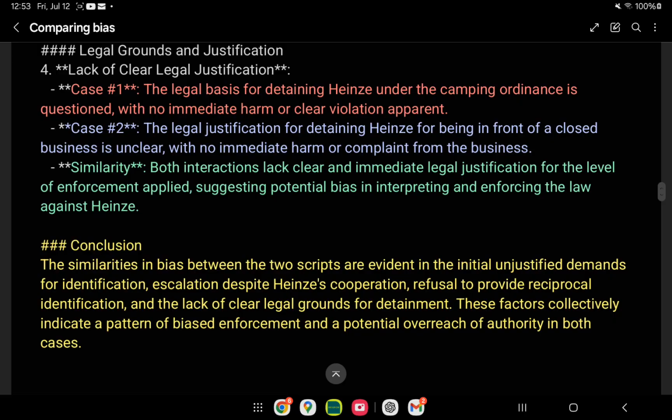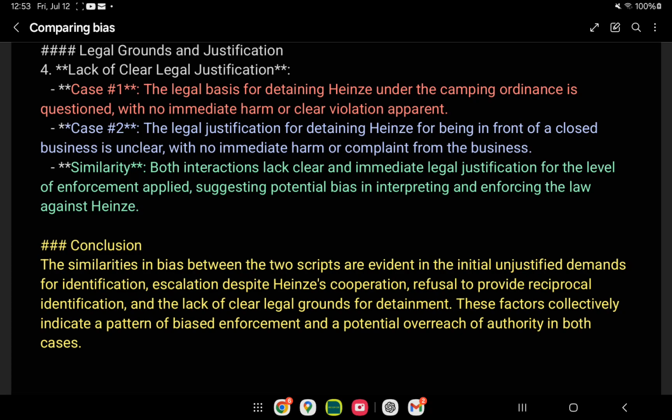Legal grounds and justification. Lack of clear legal justification. Case 1. The legal basis for detaining Hines under the camping ordinance is questioned, with no immediate harm or clear violation. Case 2.